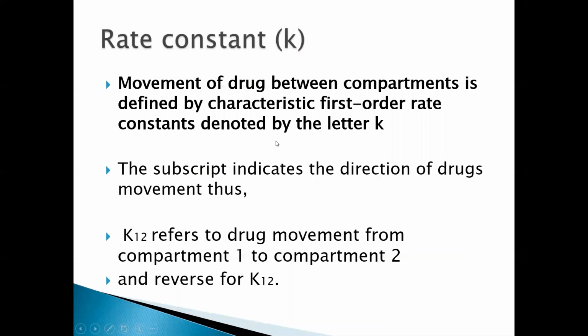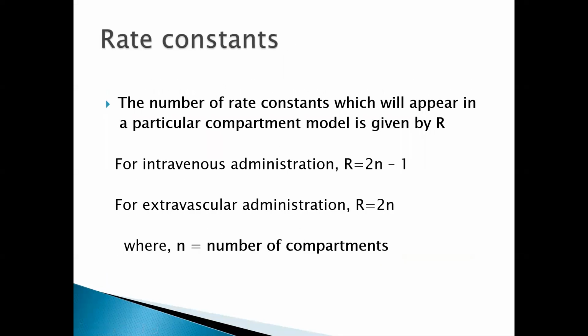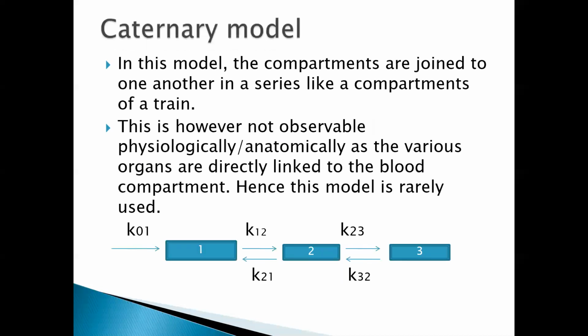So you can compute the number of rate constants for a particular compartment model by this equation: R equals 2n minus 1 for IV administration and R equals 2n for extravascular administration, where n is the number of compartments.